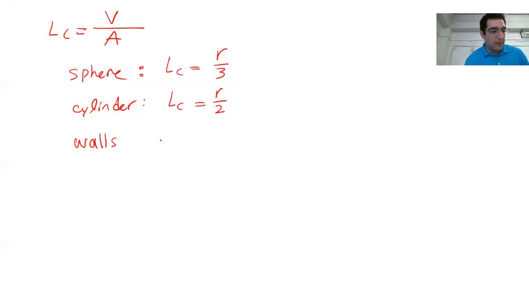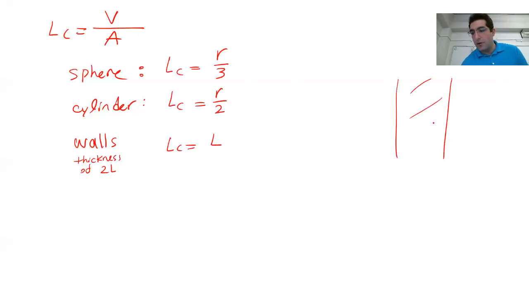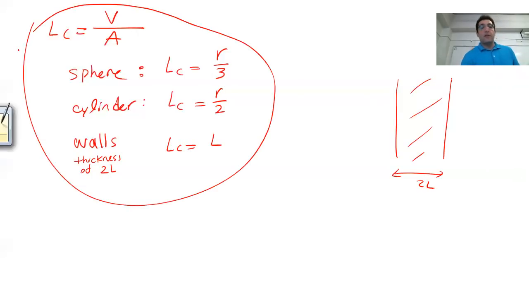For walls with a thickness of 2L, Lc would be simply L. So if this is a wall, thickness of 2L, Lc is L.